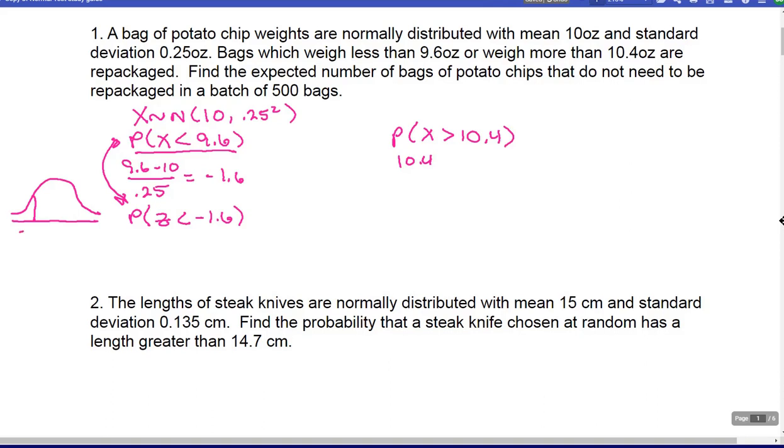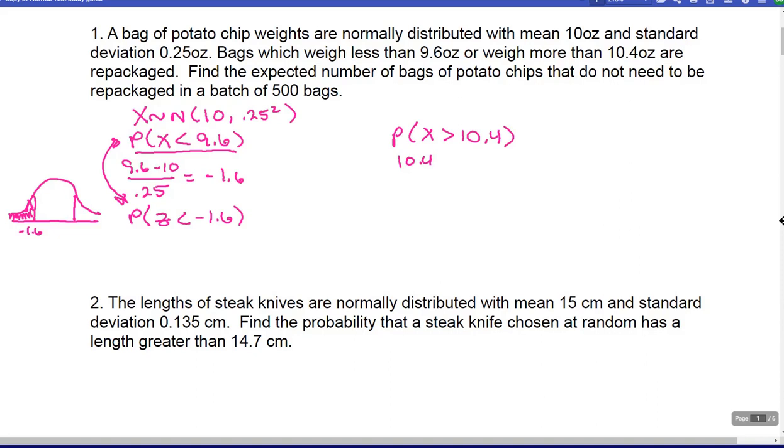All right. Here's our negative 1.6. Mm-hmm. Now, what I would like you to be able to do is rewrite this so it's less than and a positive number. Now, it's already less than. So how can I find the same thing? This area right here is what I'm looking for.